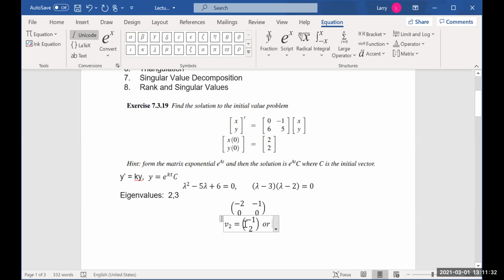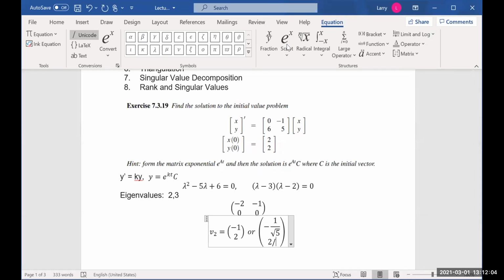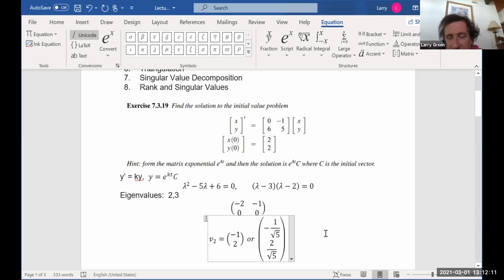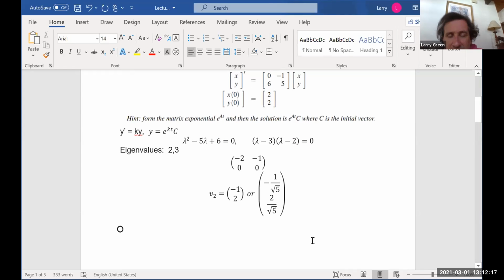We need to normalize it, so multiply by 1 over the magnitude. If we normalize it, then things usually get a little better. The magnitude is root 5. Are y'all following that? So it's 1 over root 5, and similarly, we'll have a 2 over root 5. Any questions on that? Makes it a little better in terms of finding the inverse.